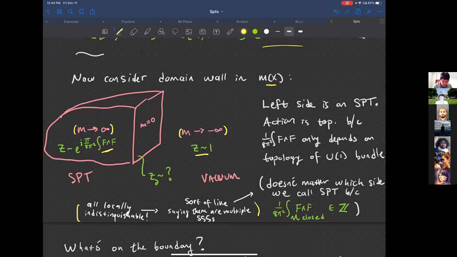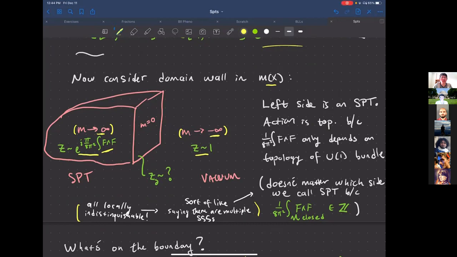And this is kind of what's happening here. We have two different ground states: the m goes to -infinity one and the m goes to +infinity one, and they are different, but the way they differ is by this phase.